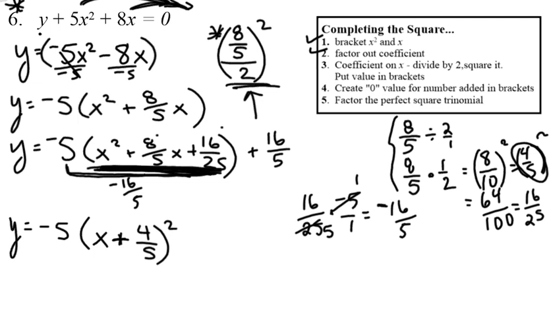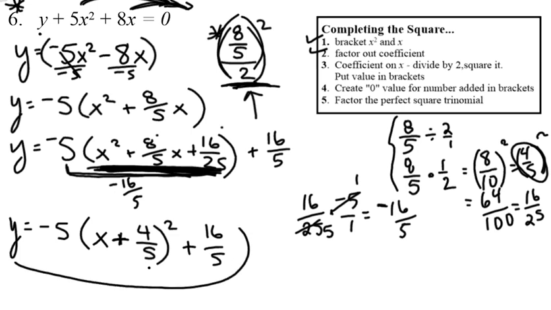This would be ugly to do on our own, but that magic value, what's in the brackets, goes into our factored form. And I still have the plus 16/5. So with fractions, yeah, it looks uglier, it's trickier, but it's still manageable, or should be.